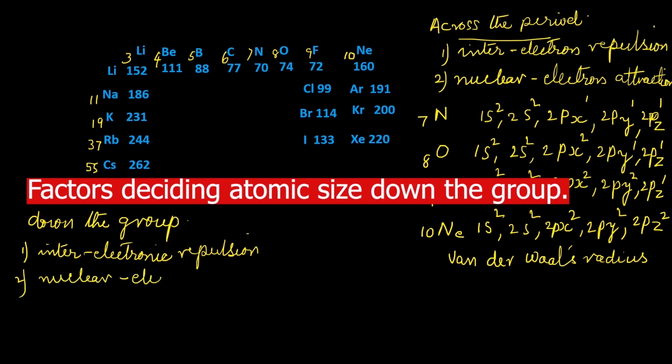This factor depends upon nuclear charge. When nuclear charge increases, nuclear electron attraction also increases. Third one, shielding effect. The combined effect of all these 3 forces decide the size of an atom or the radius of the atom down the group.